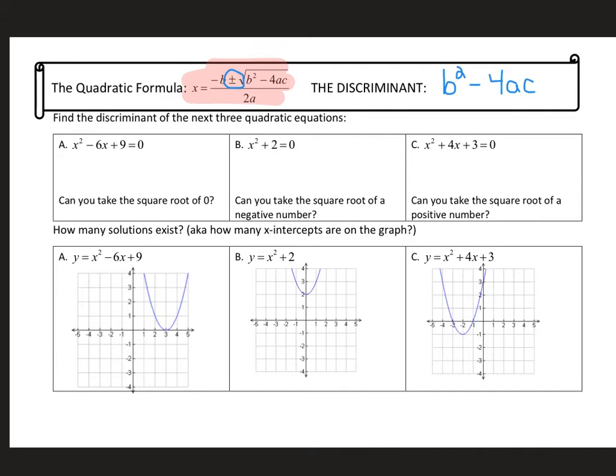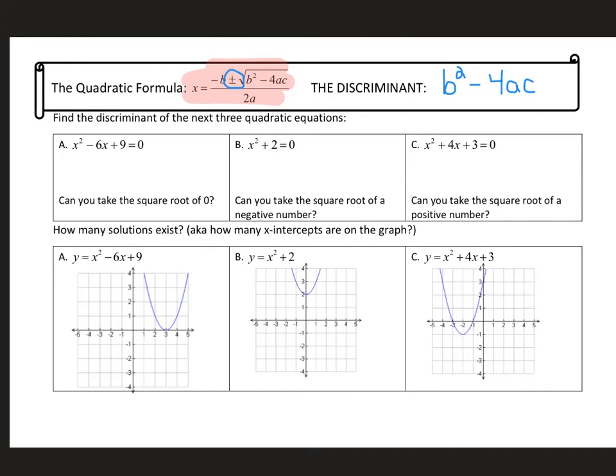We're trying to take the square root of a negative number, and that's not defined in mathematics, at least not with a real number. So in that case, there would be no solutions. So you can see how just determining what b squared minus 4ac is will help us determine how many x-intercepts there are. Let's move on, and you'll be reminded of some things.